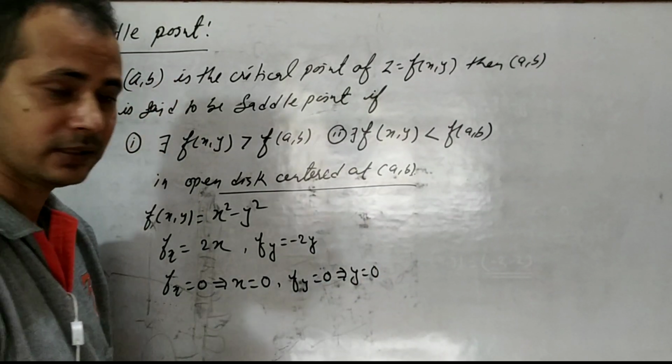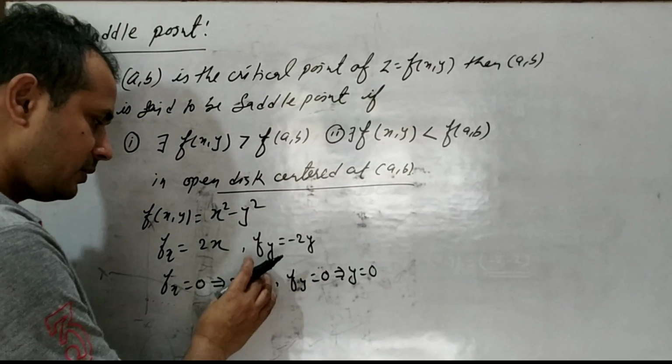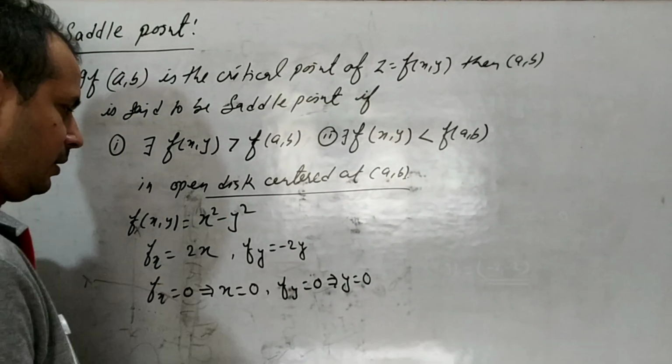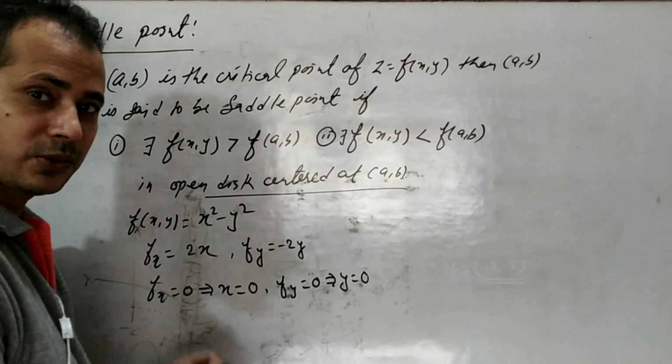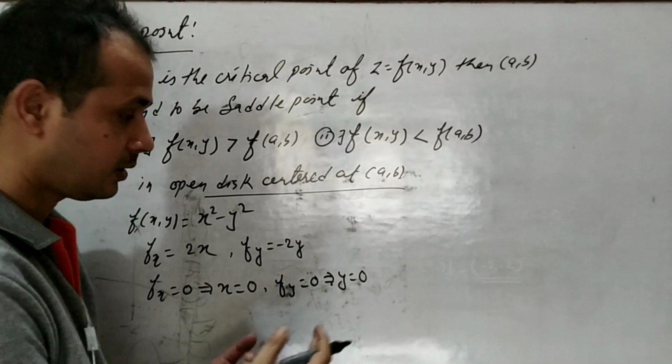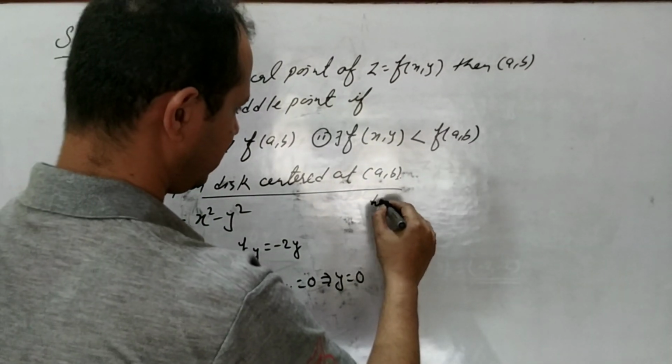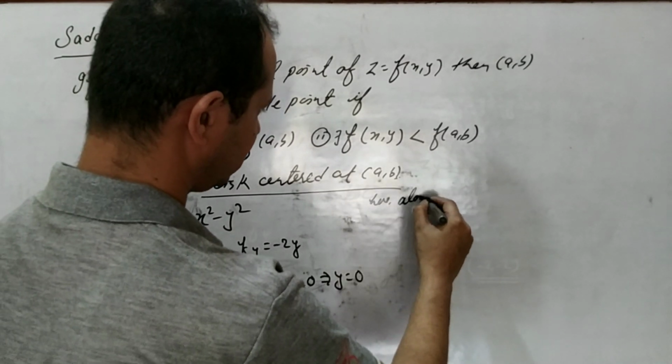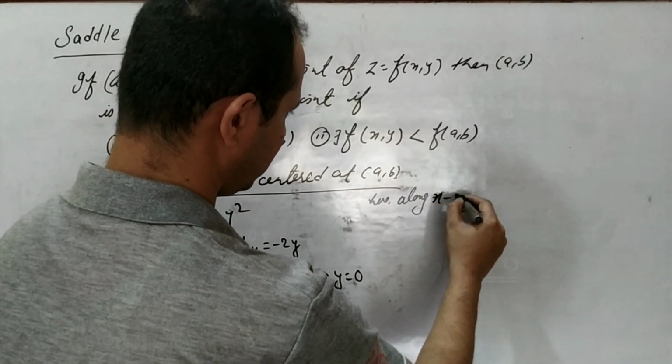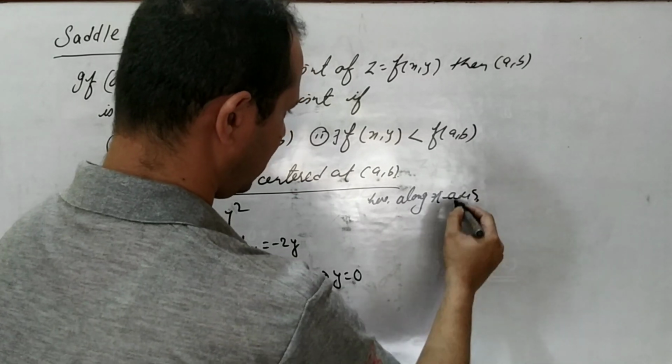But the main thing is that here at (0, 0), the given function does not show a maxima or minima. How? Look, here along the x-axis, what do we get?